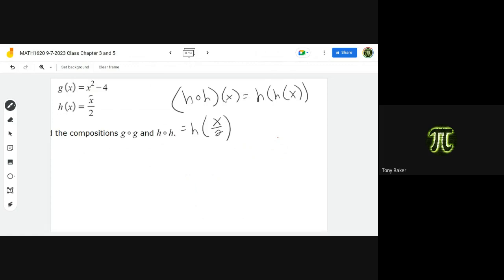So I'm going to take that original x there, and I'm going to replace it with x over 2. So this becomes x over 2 over 2, which reduces to x over 4. So it's x over 2 times 1/2.